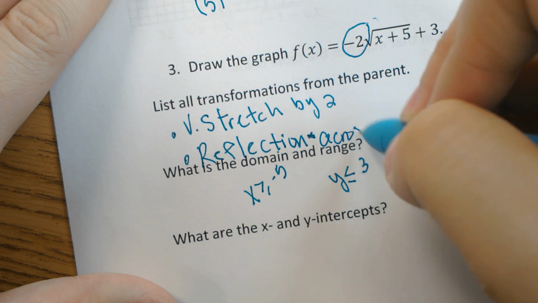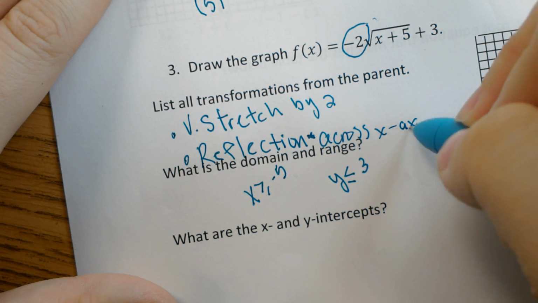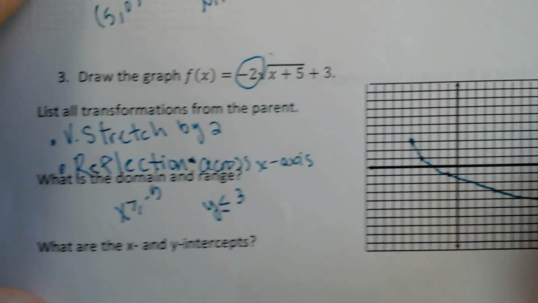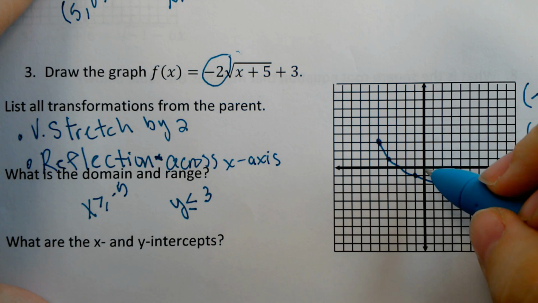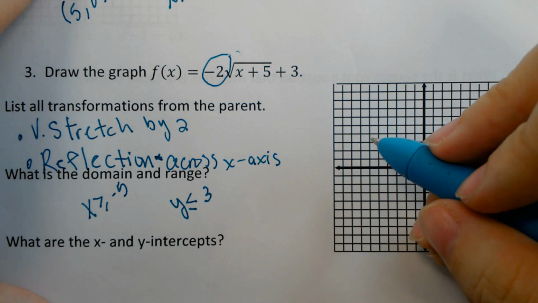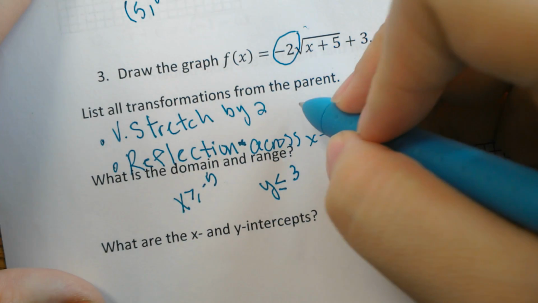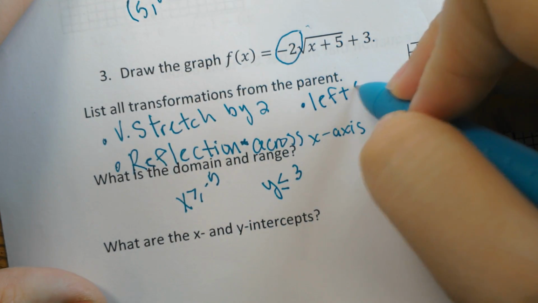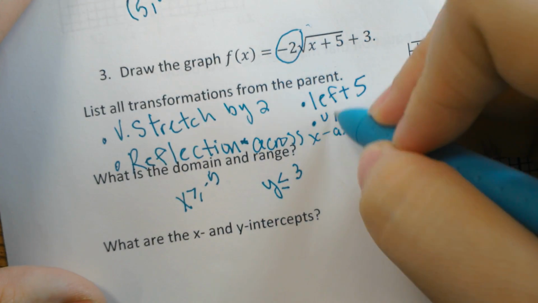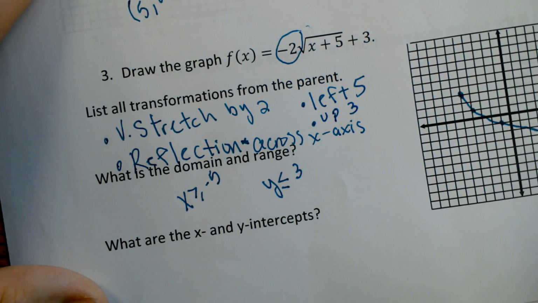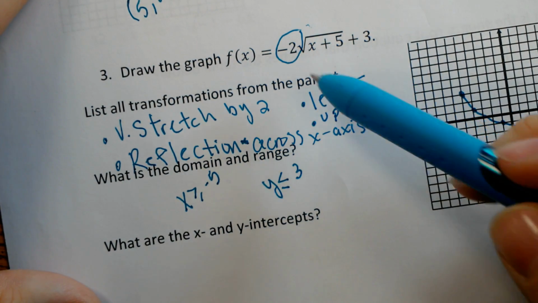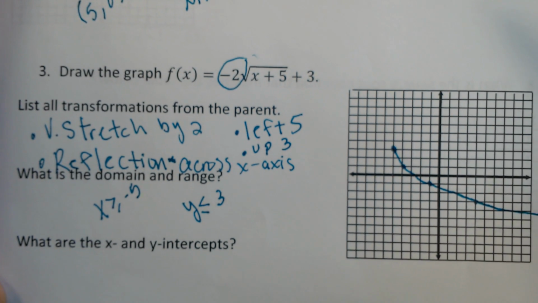And that's across the x-axis. And then from the origin, my first point moved left 5, up 3. So there was 4 transformations happening on number 3.